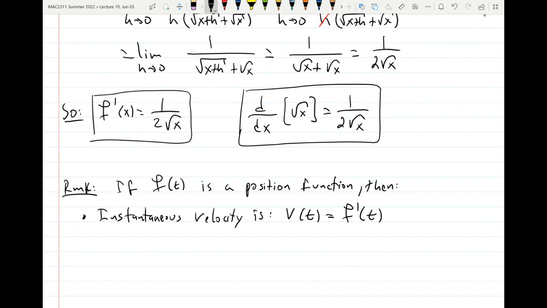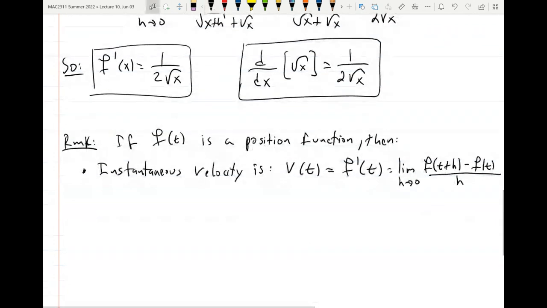So it's the limit, and remember how we define this. This is the limit as h approaches 0 of f of t plus h minus f of t over h, okay? So that's what the velocity is.